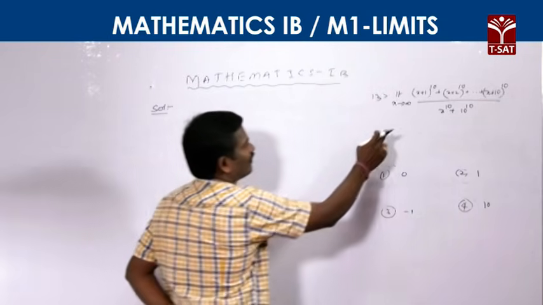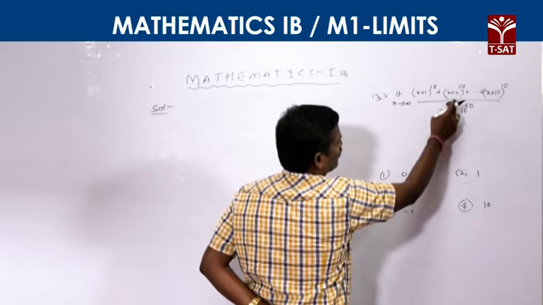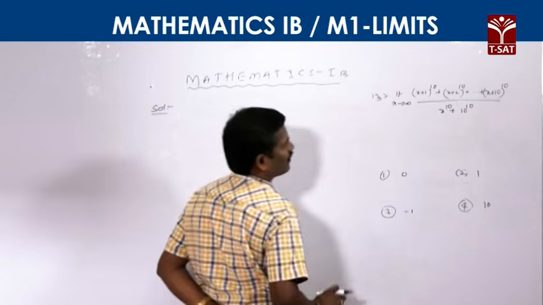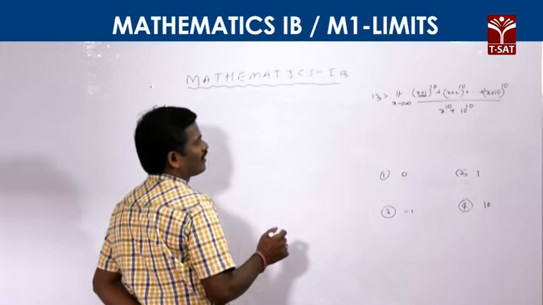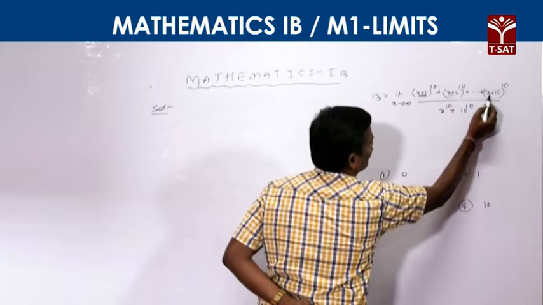Observe this question. Here (x plus 1) power 10, (x plus 2) power 10, everything has power 10. Here we need to take x power 10 common, here also x power 10 common, here also x power 10 common.